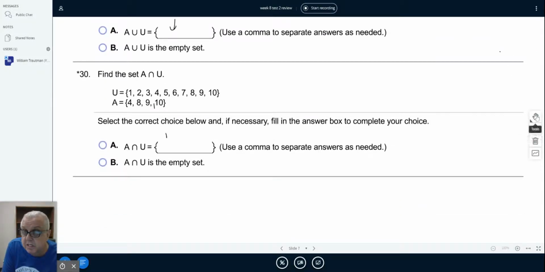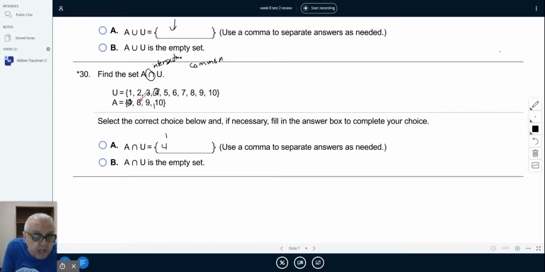So let's look at problem 30. Here we're taking the intersection. Do you see it's not a U, it's an N, and that's an intersection. And we want to know what's in common with these two. We both have a 4. 4 is in common.